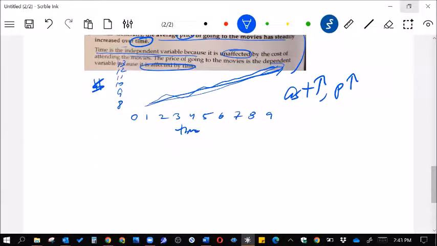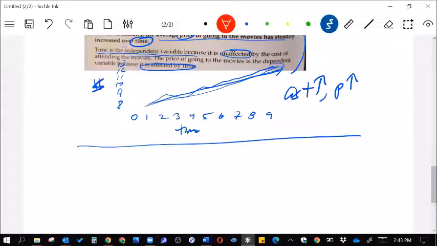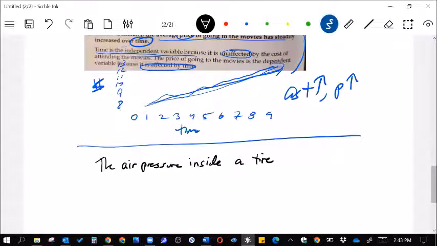One example that I'll consider is this. Air pressure inside a tire increases with the temperature.